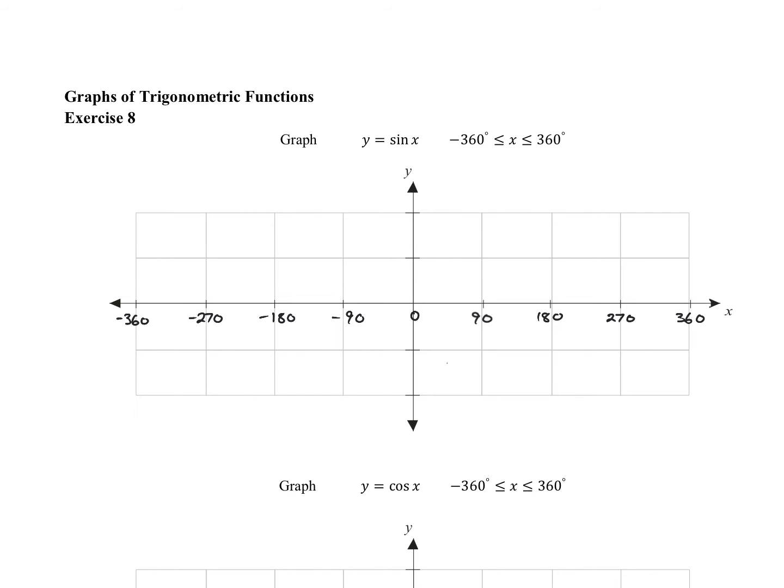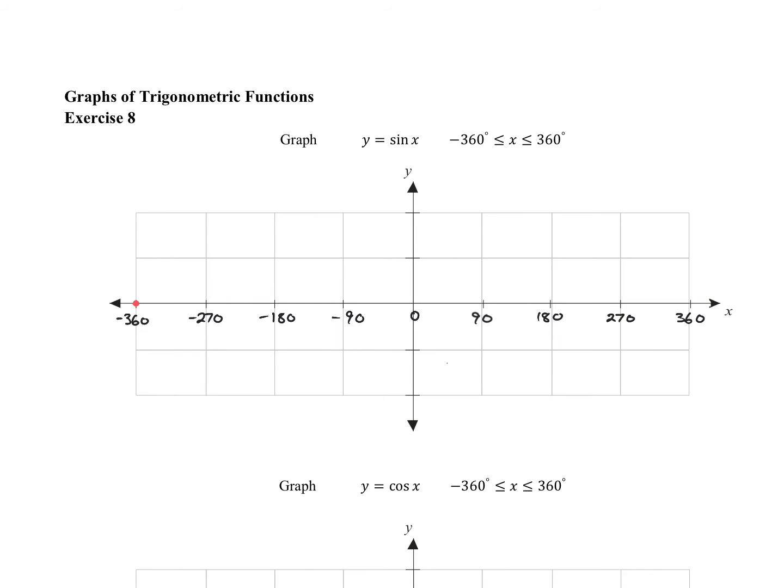Okay, so make sure your calculator is in degrees mode, so you should have a little D up the top. And then let's start with sine negative 360. When you put in sine negative 360, you get 0, so we're going to plot a point there at 0.